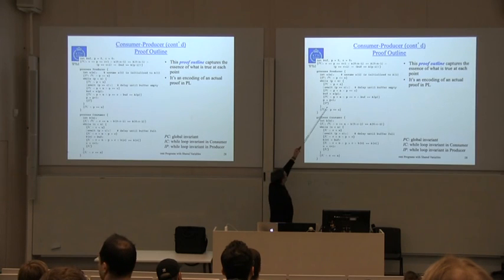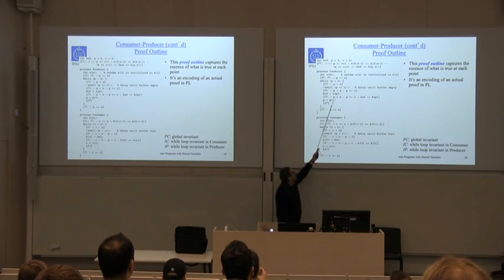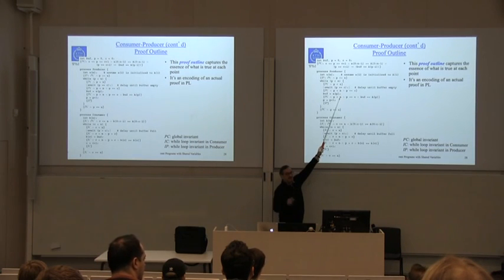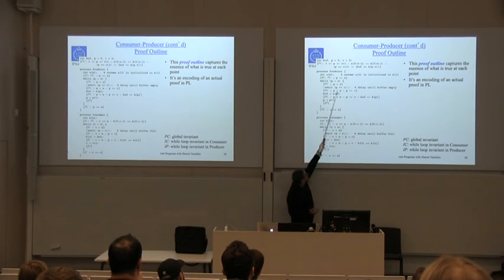So inside the loop, it says PC. You see that PC comes always everywhere, right? Because it's a global invariant. It says "and P less than N." It means that we are iterating. We are inside the loop. P hasn't reached N yet. Okay? So await P equals C. It's quite obvious that after this await, P should be equal to C. The buffer is empty.